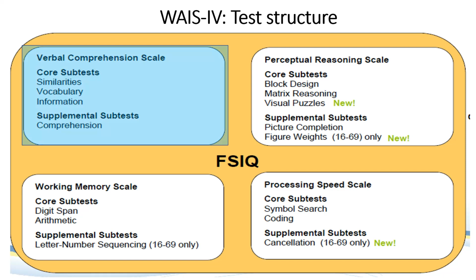But before I proceed to these three remaining scales, I would briefly present the clinical utility of comparing the performance on the three core subtests of the verbal comprehension scale. In the previous lecture, I discussed the clinical utility of each of the subtests like similarities, vocabulary, information.